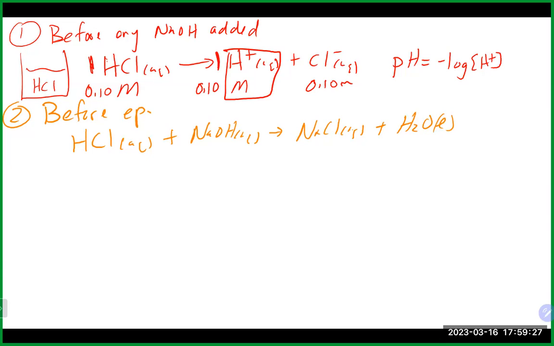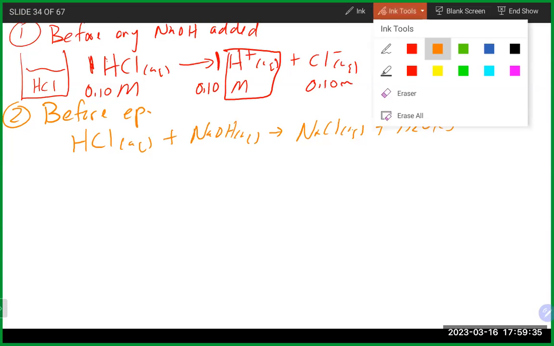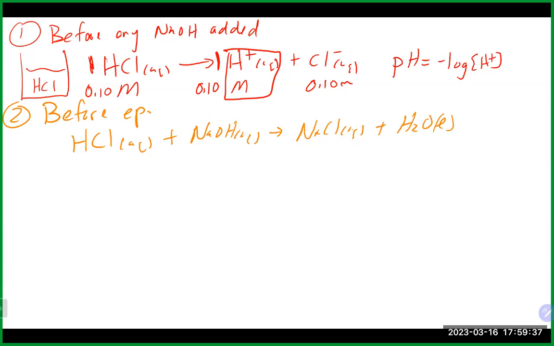So we do need to do an ICE table here to figure out what is going on. Should I do this ICE table in molarity or moles? It definitely should be moles, because when you're doing a titration, you're continuously adding volume, which means the molarity is continuously changing.